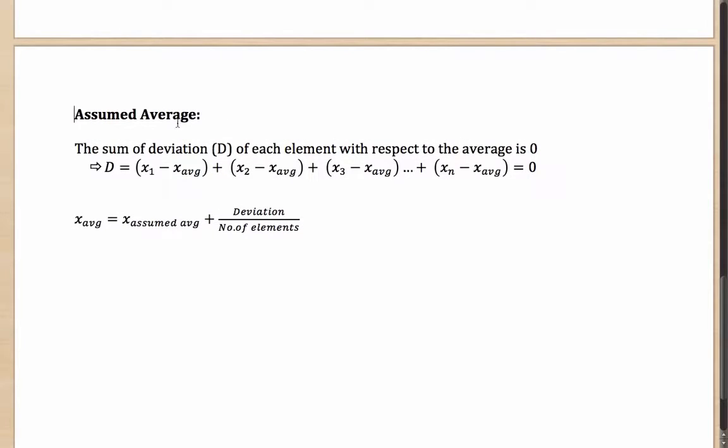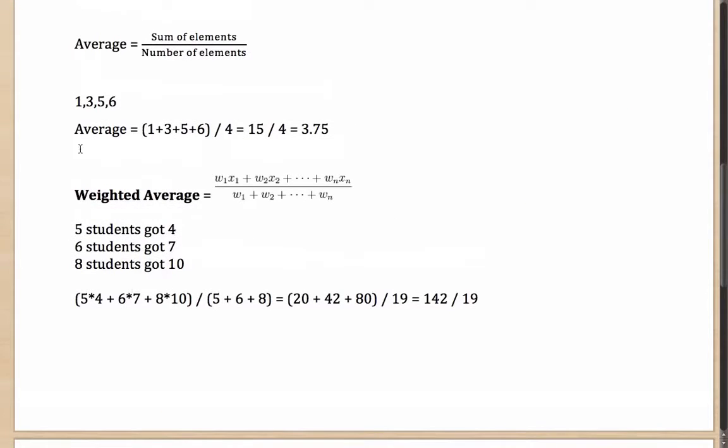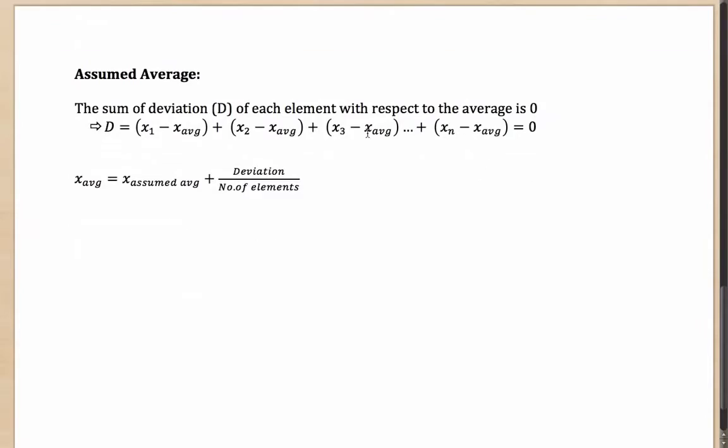Now, before I go ahead with the assumed average method, what you should first understand is deviation. What exactly is a deviation? Let's look at the above example again: 1, 3, 5, and 6. The average was 3.75.